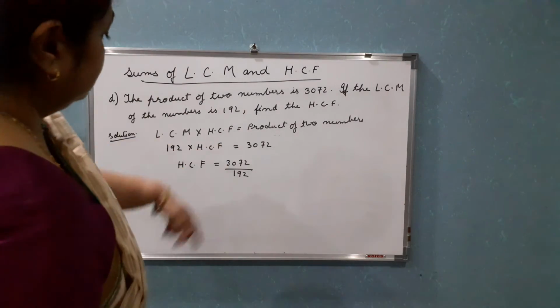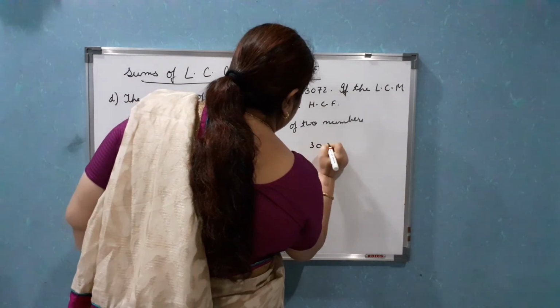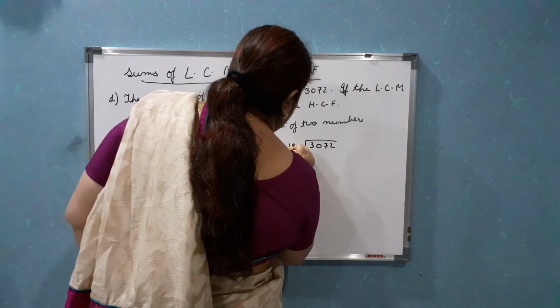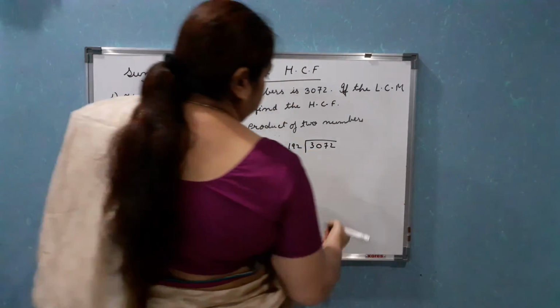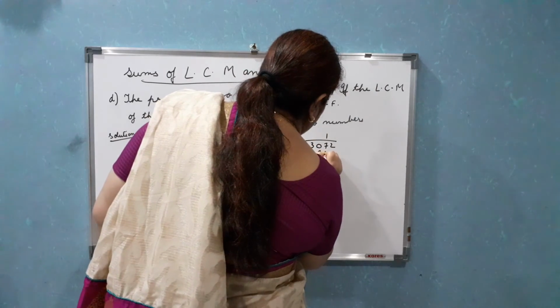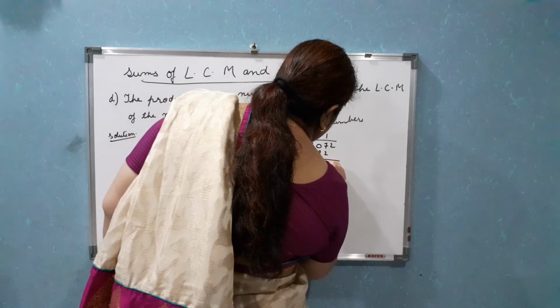Now find HCF. So you have to divide it. The rough work in right side. 192. So 190 to 1 is 192, just minus, so 7 minus 2 is 5.